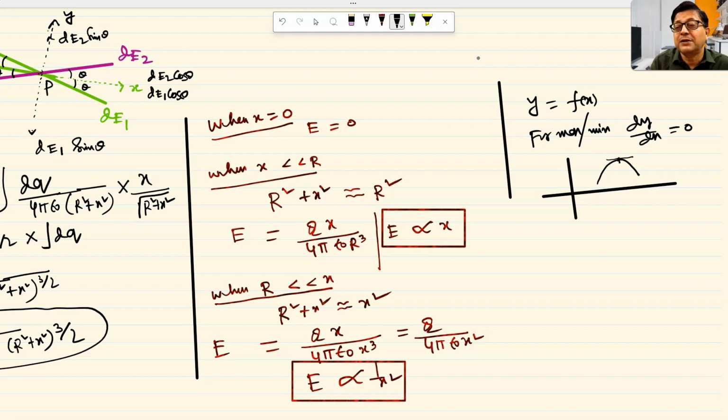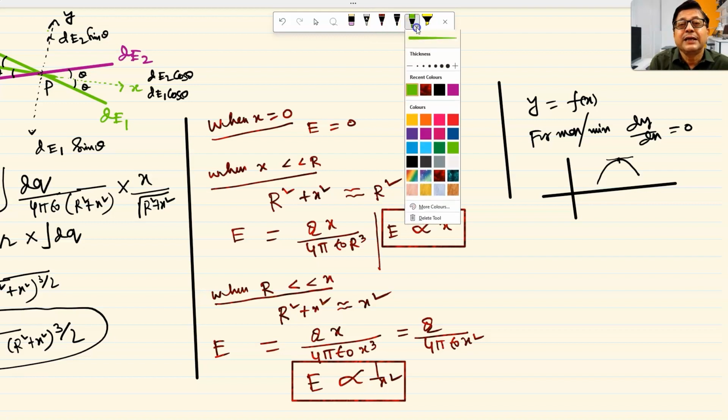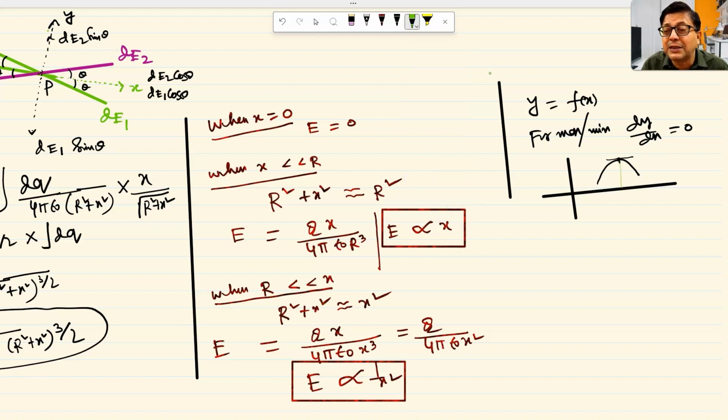Before the point of maximum you reach, dy by dx has positive slope, and after reaching the point, dy by dx has negative slope.